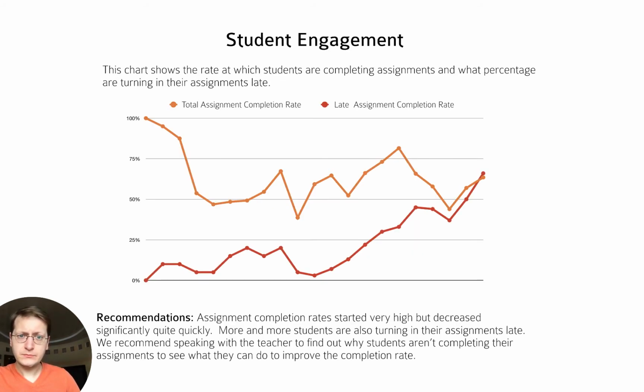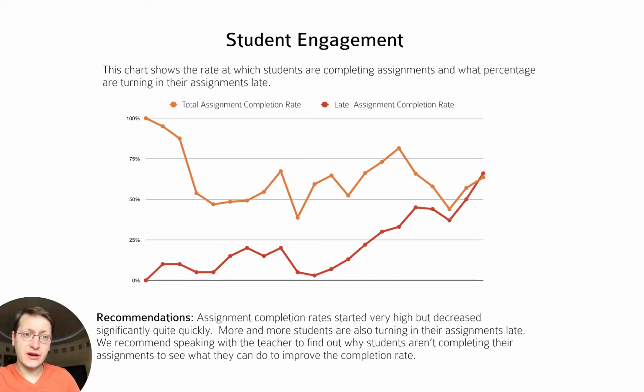Here we have student engagement. This is a pretty straightforward chart. It shows what percentage of assignments are being turned in late, the red line, and what percentage of assignments are being completed at all, the orange line. This is a particularly nasty example.